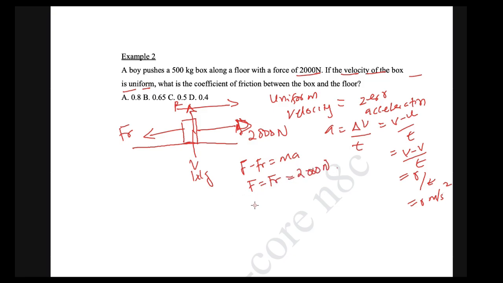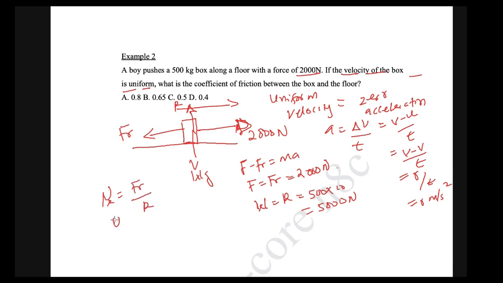All right. Then again, for this case, your weight is equal to normal reaction, which is going to equal 500 times 10, which is 5,000. Why? Because your weight is equal to mg and R is equal to weight. Now, the coefficient of friction, but because in this case this is going to be kinetic friction, the coefficient of kinetic friction must equal frictional force over normal reaction.